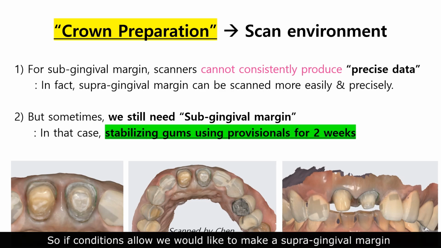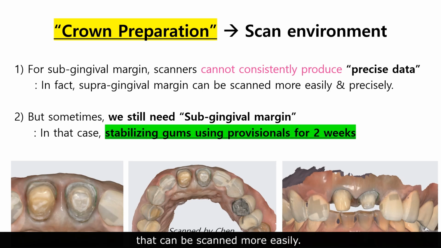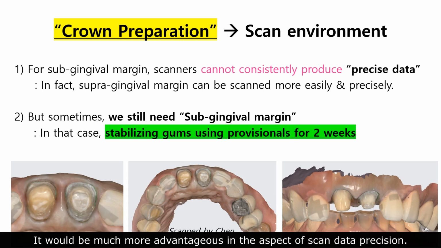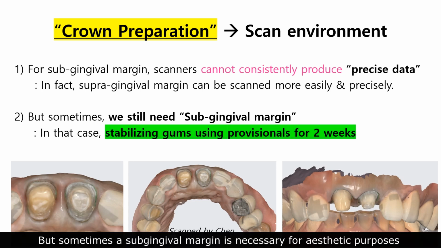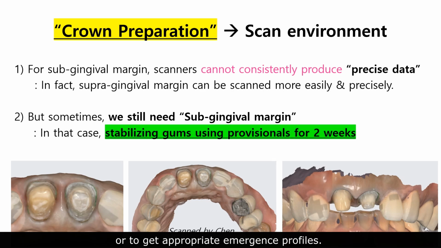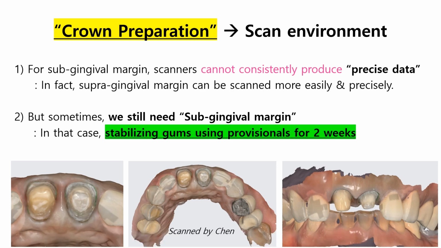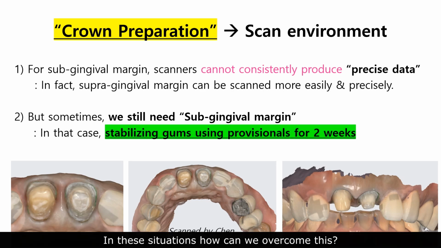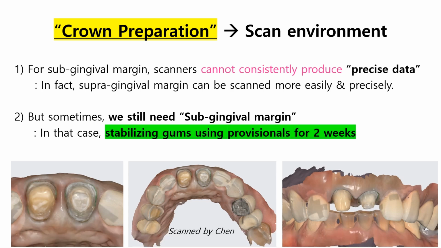So, if conditions allow, we would like to make a supragingival margin that can be scanned more easily. It would be much more advantageous in the aspect of scan data precision. But sometimes a subgingival margin is necessary for esthetic purposes or to get appropriate emergence profiles. In these situations, how can you overcome this?